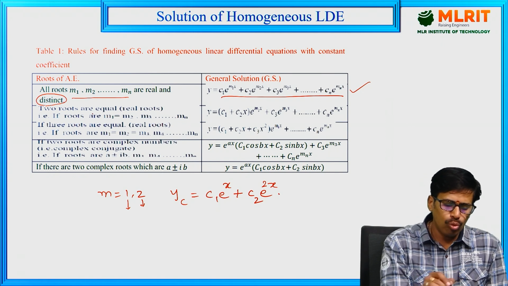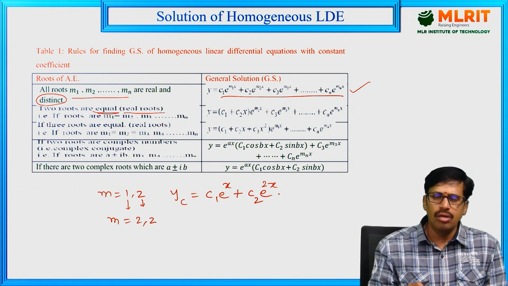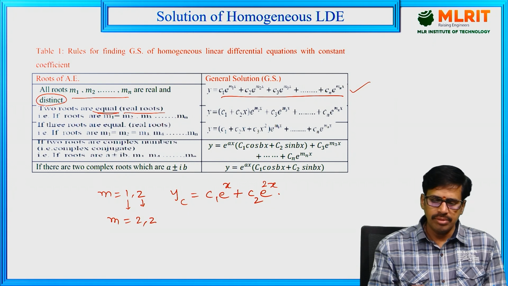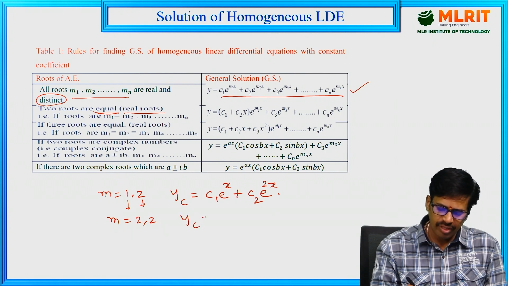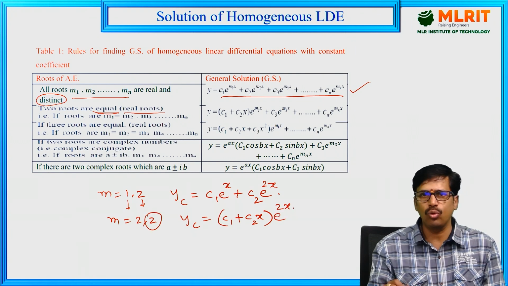Second, if two roots are real and equal, say m = 2, 2, where 2 is repeated 2 times, we write the complementary function as (c1 + c2 x) e^(mx), that is e^(2x).